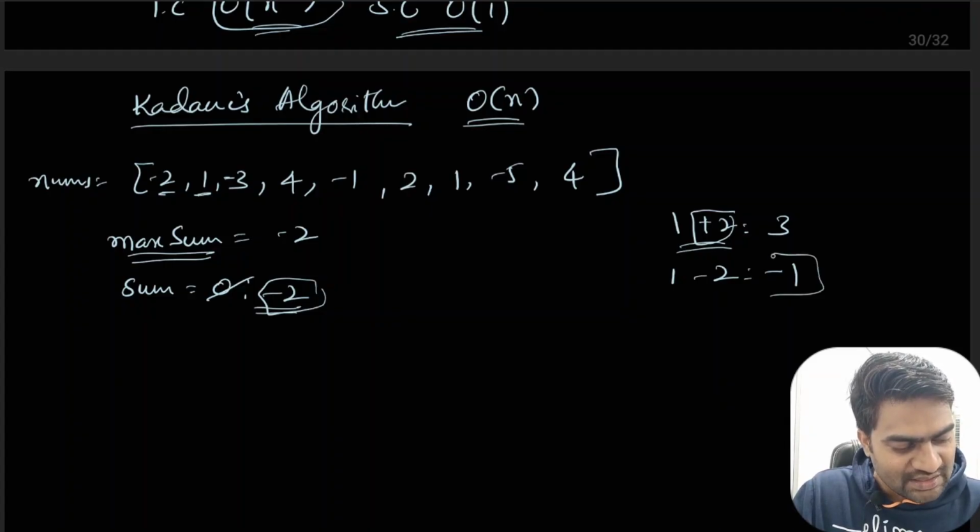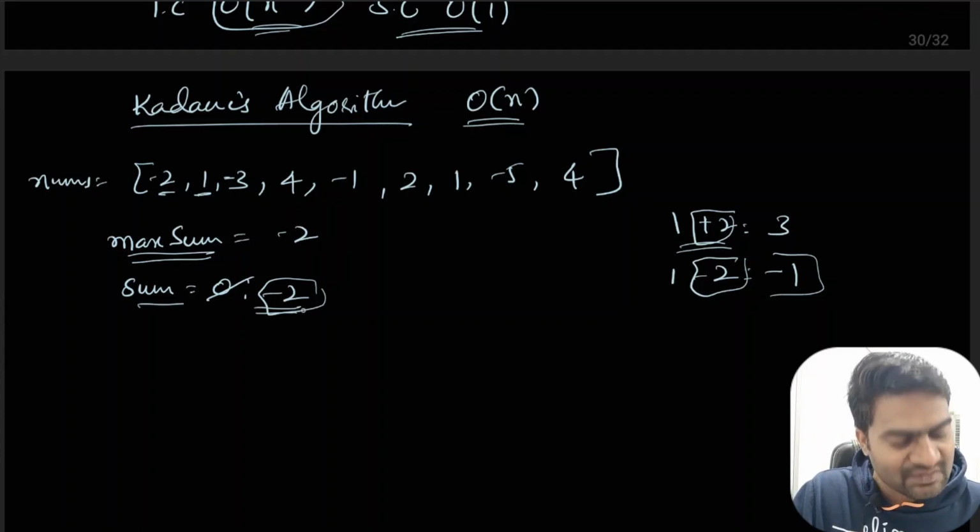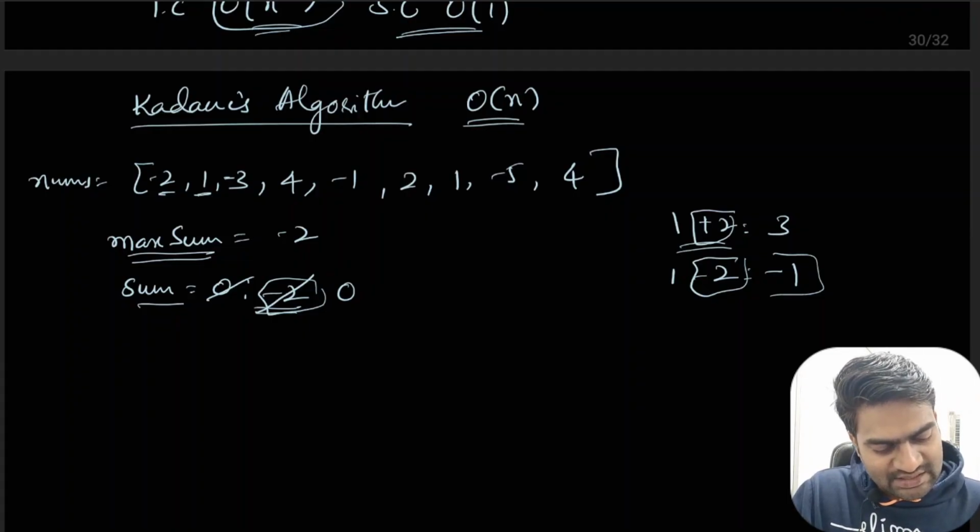So this is not really contributing to the maximum sum, right? So whenever our sum goes below 0, we will simply reset it to 0. That's what I'm trying to do here. Now let us consider the next number, which is 1.